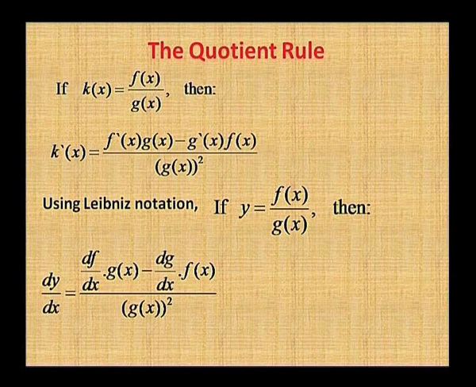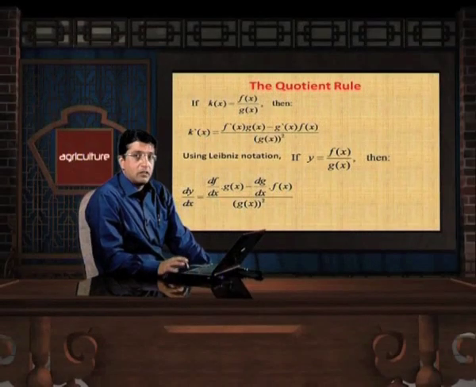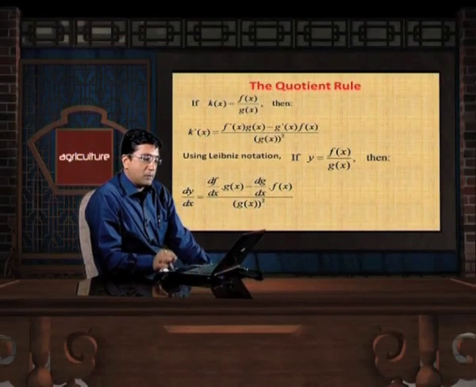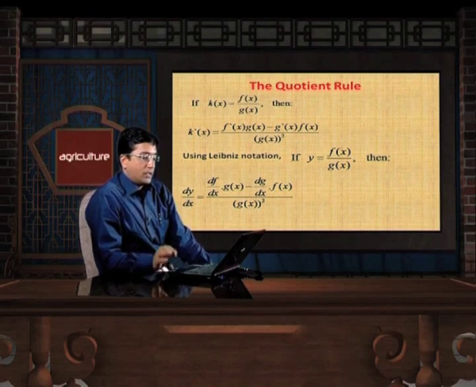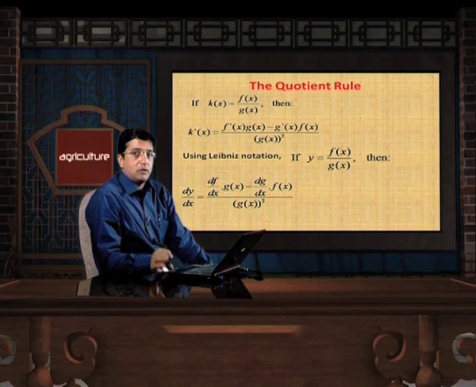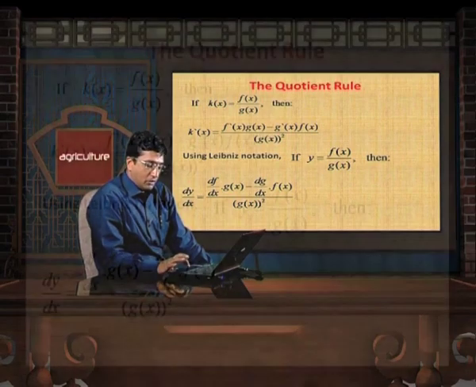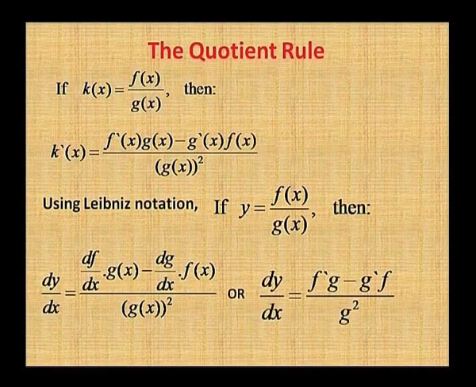In this rule, we must strictly differentiate first the function f with respect to x, and second the function g. The order will not change. dy by dx is equal to f dash g minus g dash f upon g square.